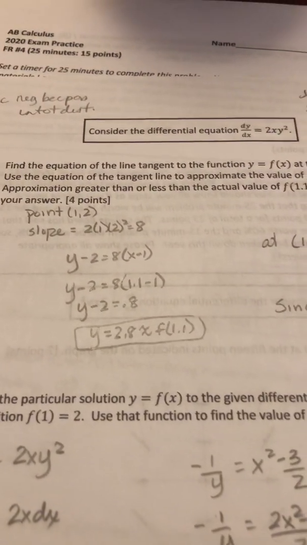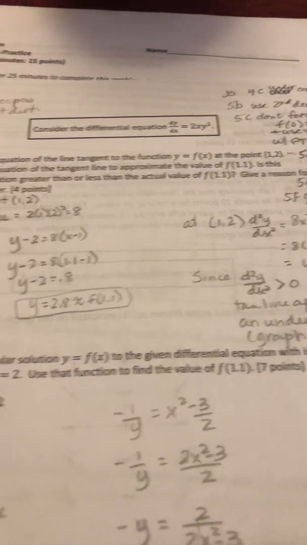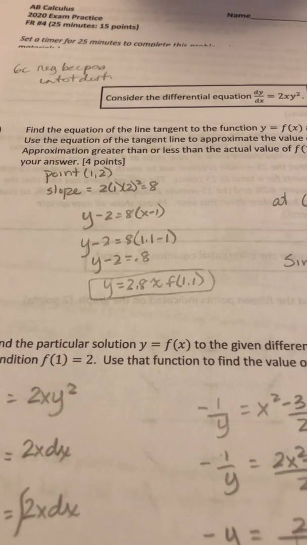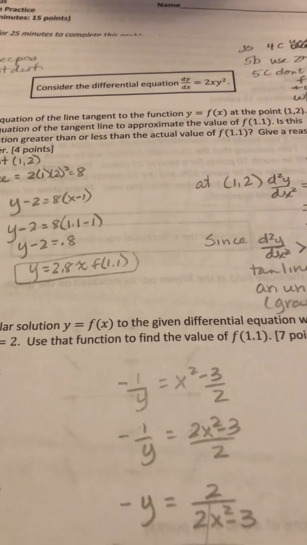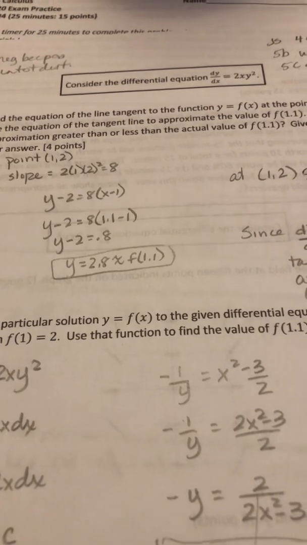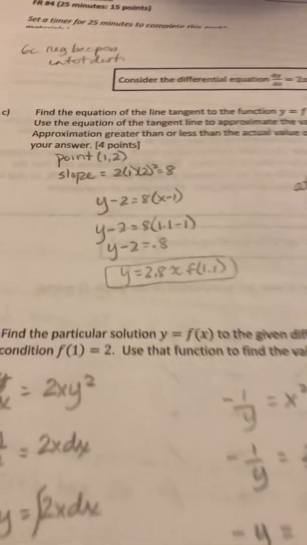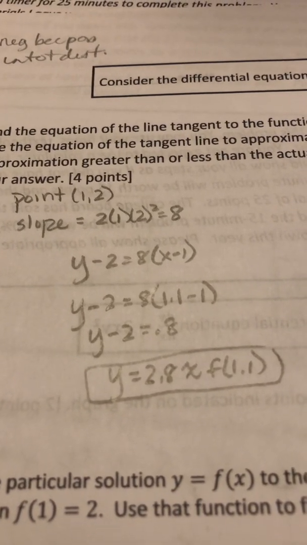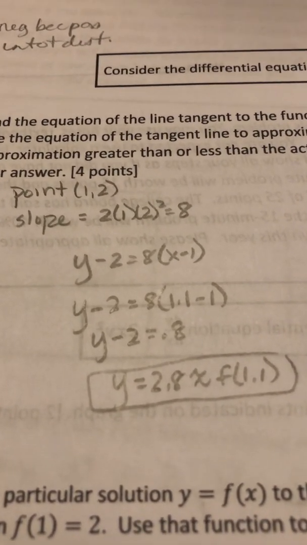So that's part B. Part C, find the equation of the tangent line at the point (1, 2), and then use the equation of the tangent line to approximate the value of f(1.1), and is this approximation greater than or less than the actual value, and give a reason. So, write an equation of a tangent line. We need a point, which they gave us at (1, 2), and we need the slope.